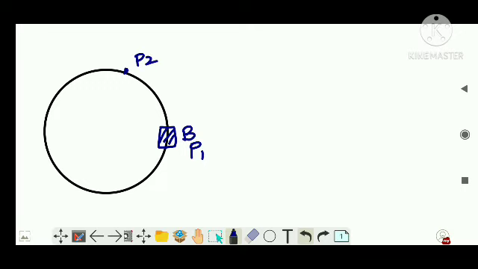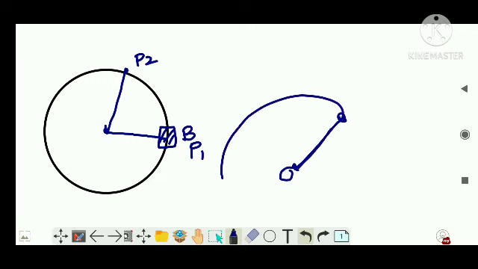Circular path means it will have a center. Say that is the center, so I can draw it like this. Similarly, if there is a stone I tie with a thread and revolve it like this, this path is also circular motion. This is the radius.